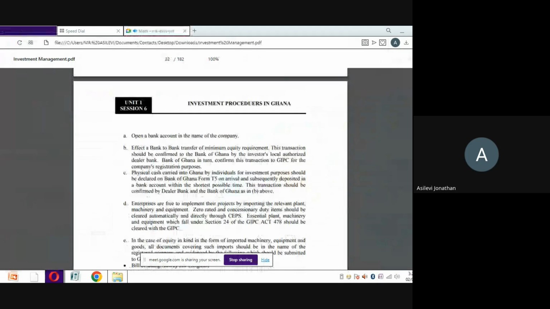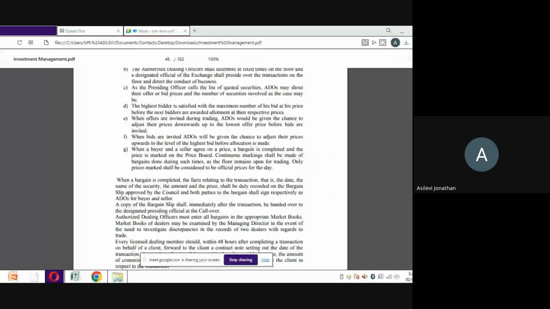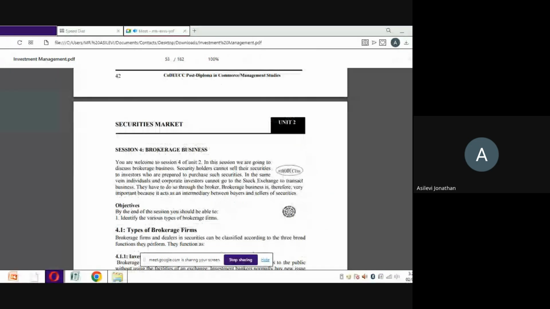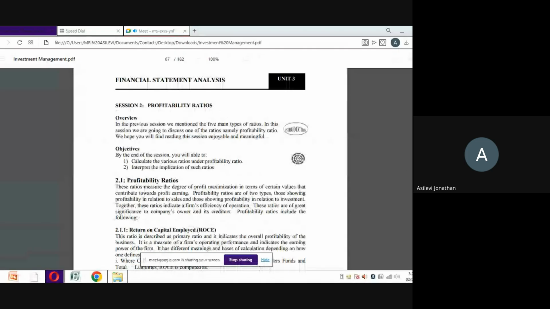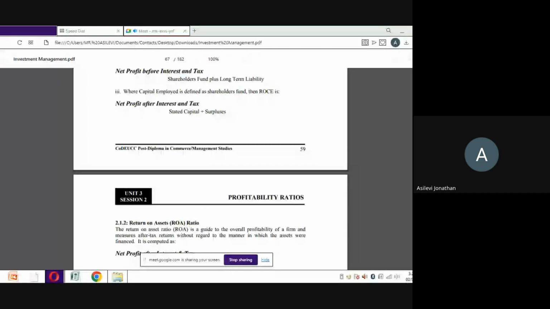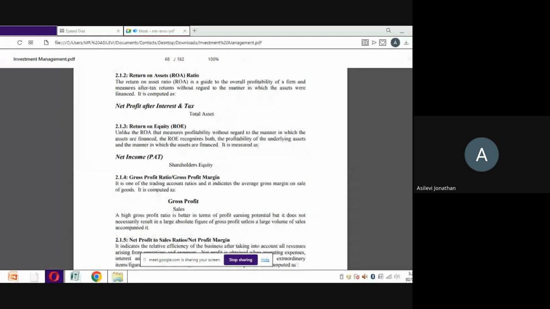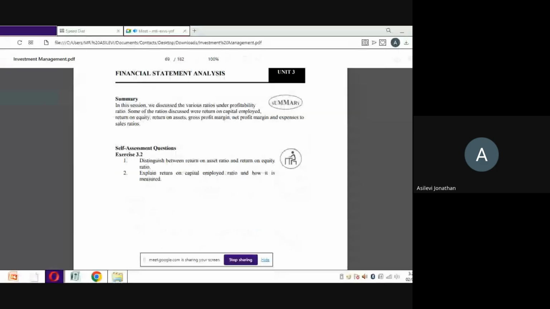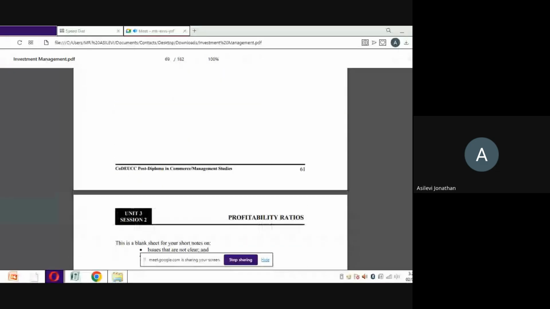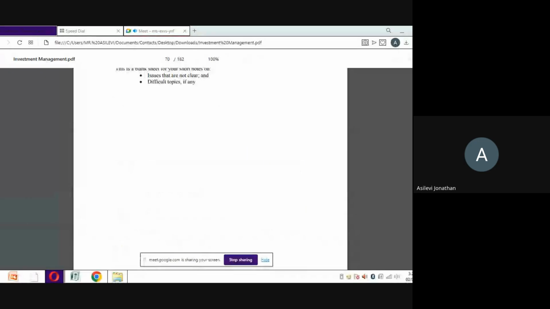So, liquidity ratio. It is extremely essential for a firm to be able to meet its current obligations. This is because the survivability of a firm depends on this. Liquidity ratios measure the short-term financial stability of a company and reveal its ability to meet its current liabilities or short-term obligations when they fall due.